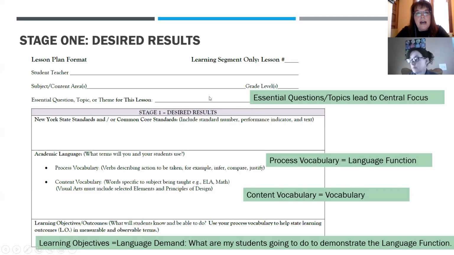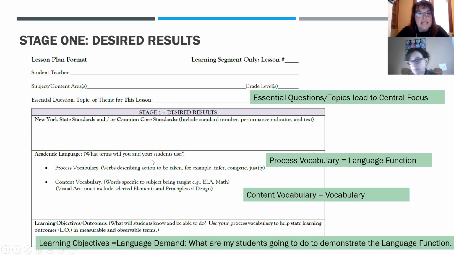segment. Now, more importantly, the part that people struggle with the most is this whole idea of language function and process vocabulary, right? So you all know process vocabulary because that's what we taught you throughout your designing of lessons in your curriculum classes.